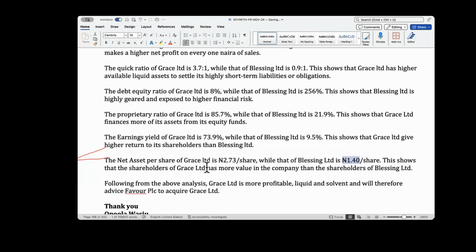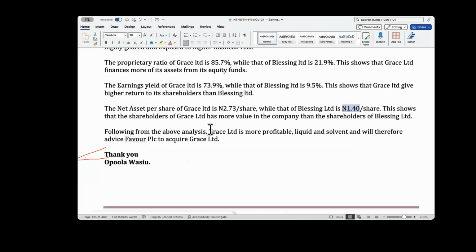It shows that the shareholders of Grace have more value in the company than the shareholders of Blessing. And I said, following from the above analysis, Grace Limited is more profitable, liquid, and solvent, and would therefore advise Favor to acquire Grace Limited.